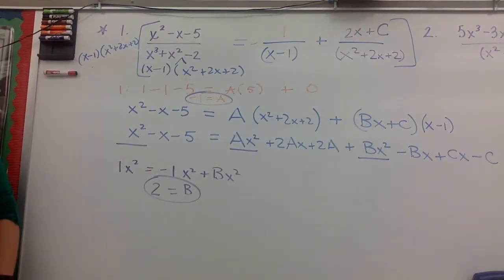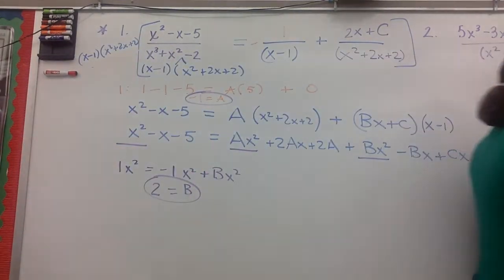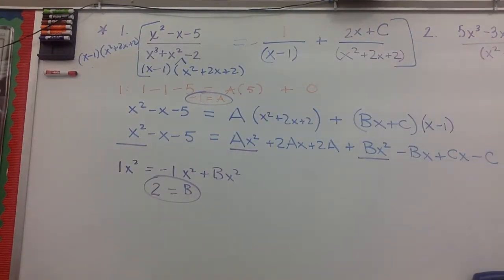Now I need to solve for c. What do you think for c? Do you think we should use the linears, or do you think we should use the constants? What looks like it's going to be mathematically easier? Probably the constants. So take a look. C by itself is a constant.